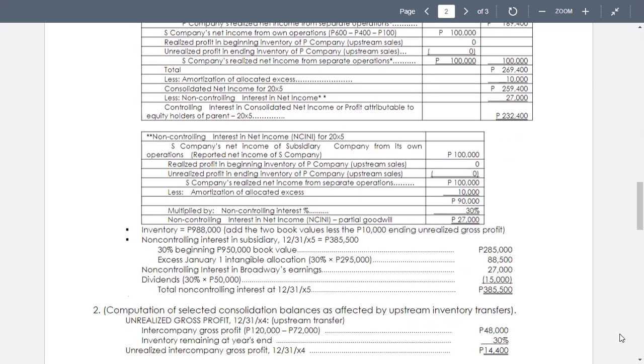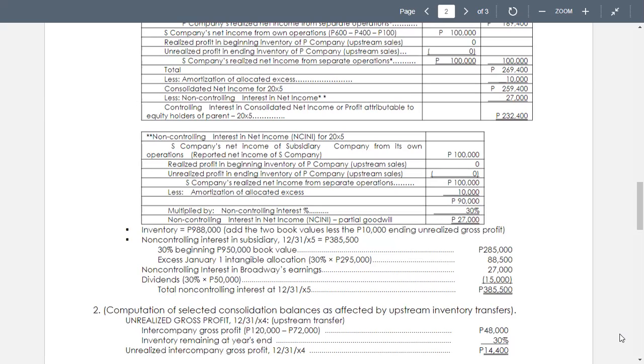Now, the amount as required in number 2, assuming that all intercompany transfers were made from BW to BB. We now consider it as upstream sales. So the computation of selected consolidation balances affected by upstream inventory. We now assume that instead of BB selling merchandise to BW, it's BW selling. It's the reverse.